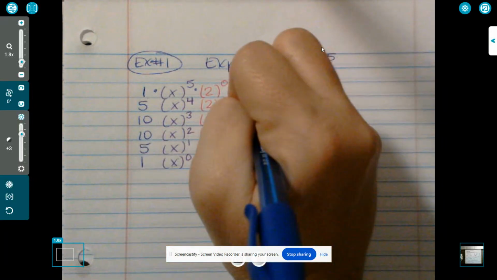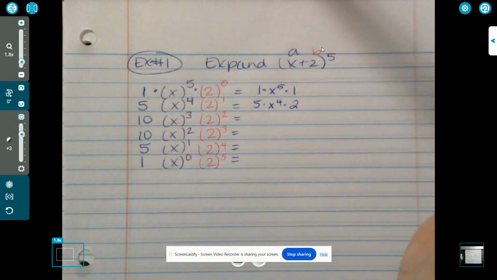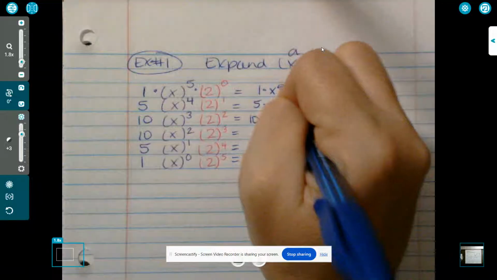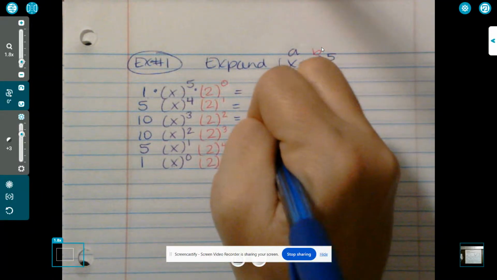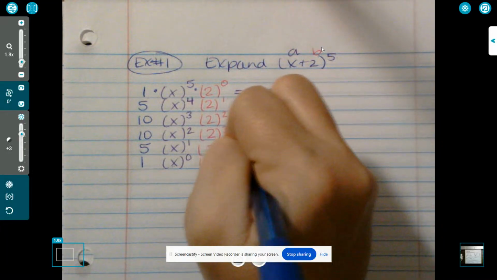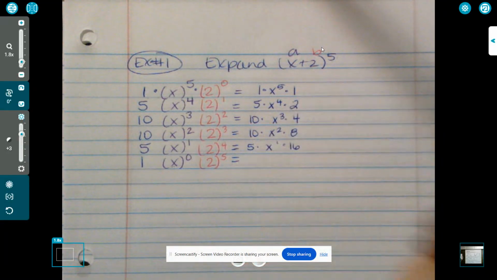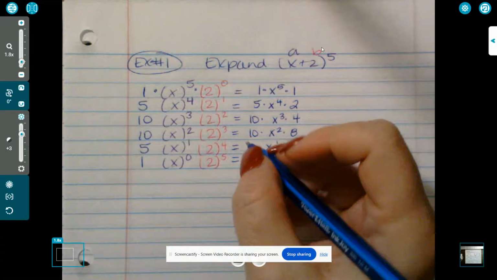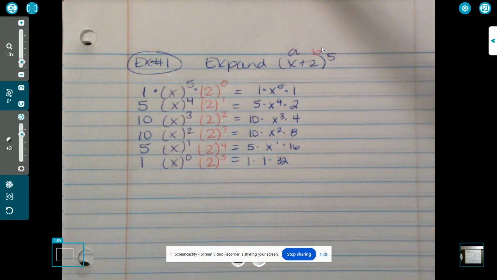So 5 times x to the 4th times 2. 10 times x to the 3rd times 4. 10 times x squared times 8. 5 times x to the 1st times 16. And then 1 times x to the 0 is going to be another 1 times 32.